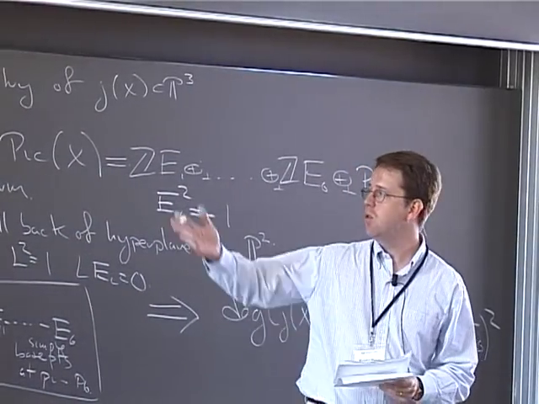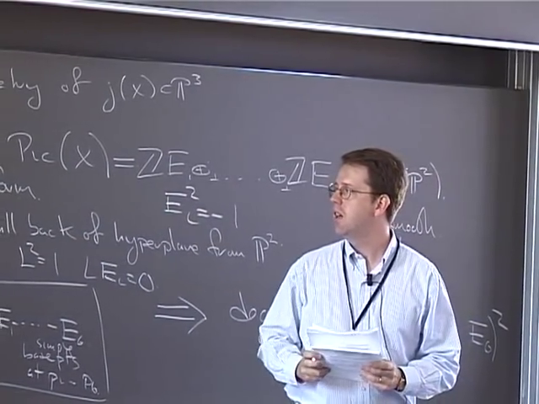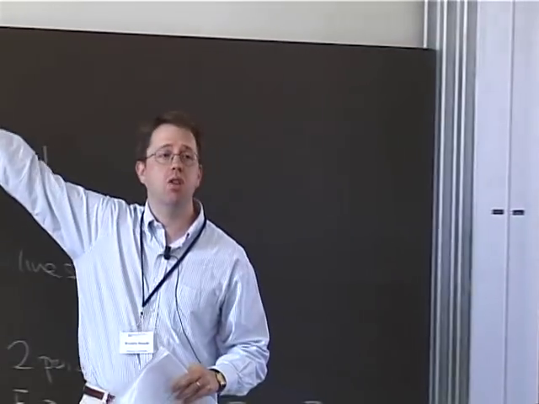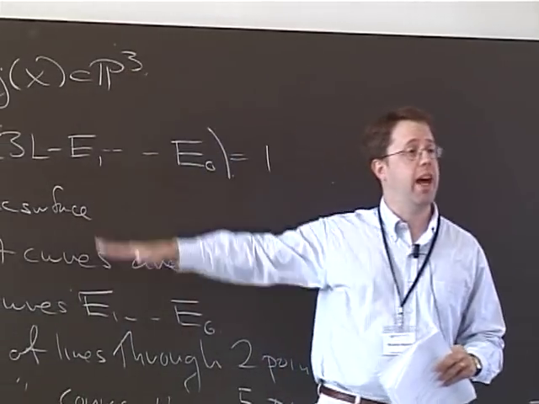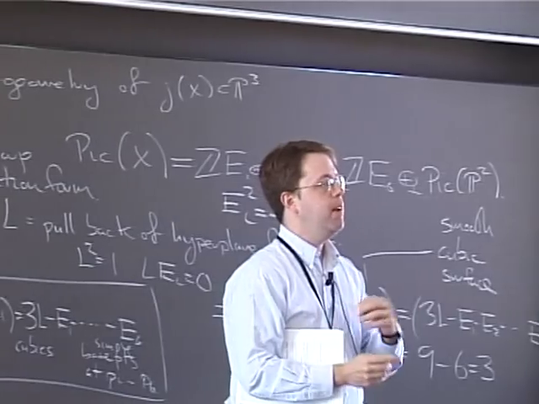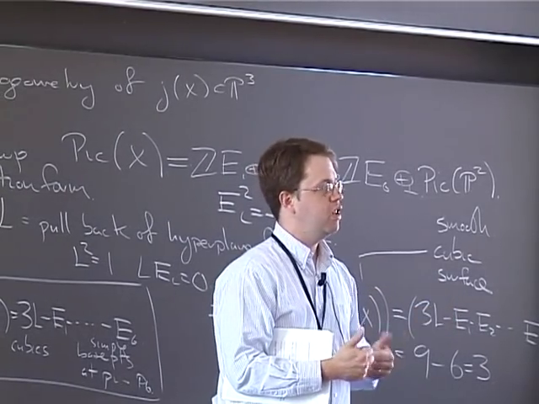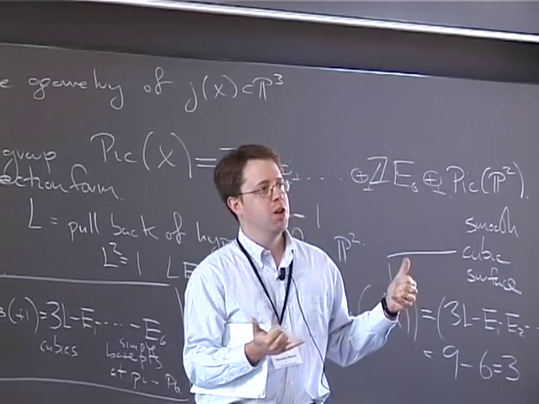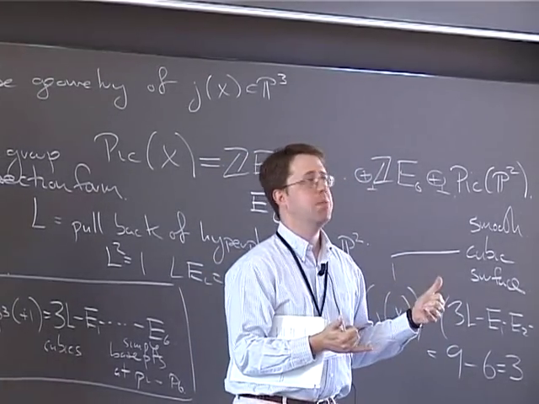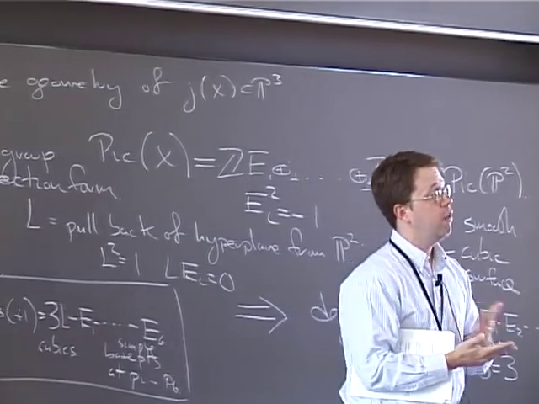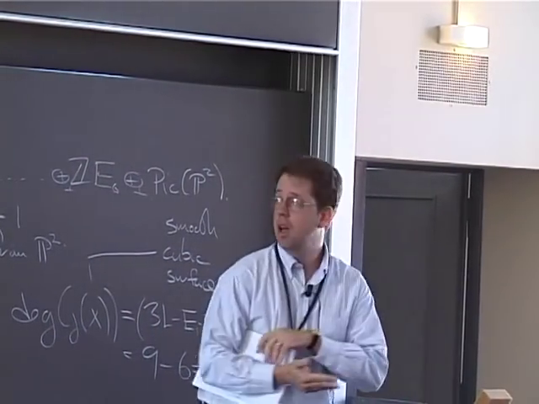And in fact, these 27 lines have lots of good properties that we can read off from the intersection properties of the lattice. So you could tell me how many pairs of disjoint lines you have in the cubic surface. If I have 2 disjoint lines, how many lines meet both of them? These are all questions that you can answer very explicitly from this explicit description.